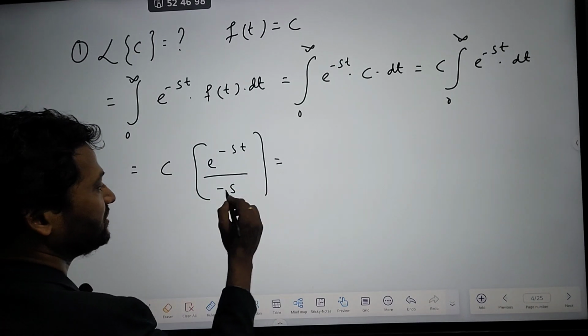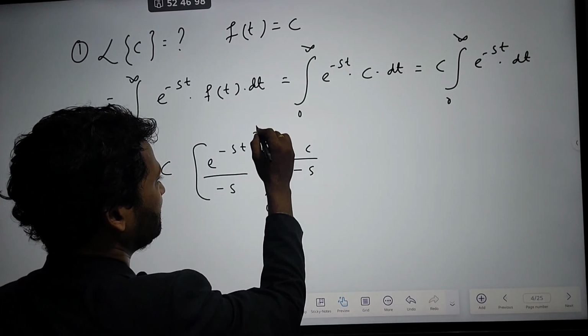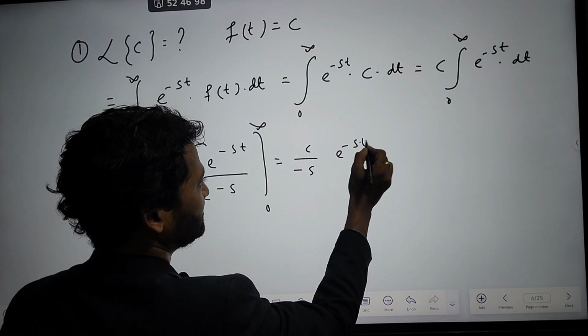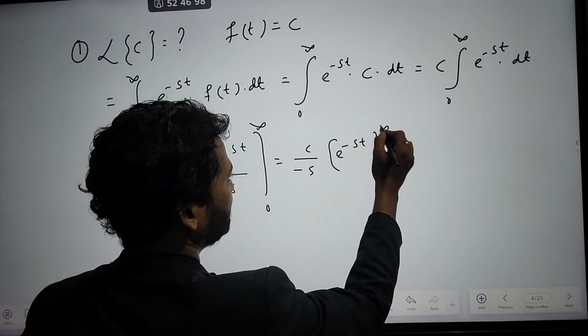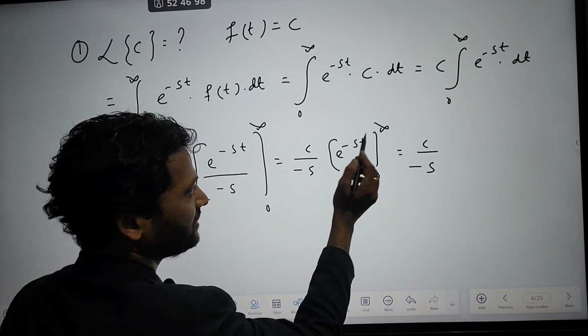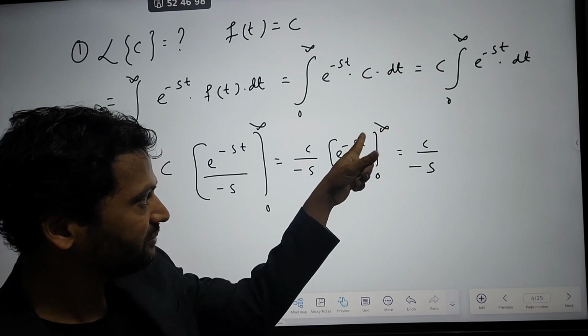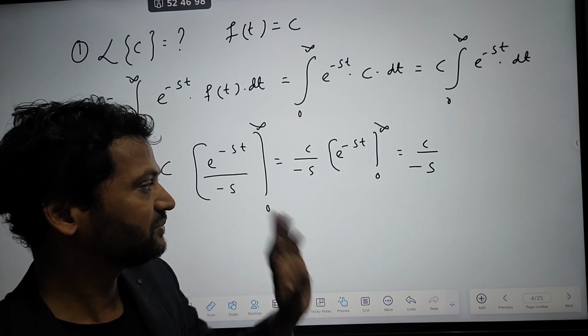Okay, so now s is a constant, so c by minus s, then e to the power minus st, limit is 0 to infinity. Now c by minus s. So here you know how to put the limit. You put infinity in place of t, minus 0 in place of t.